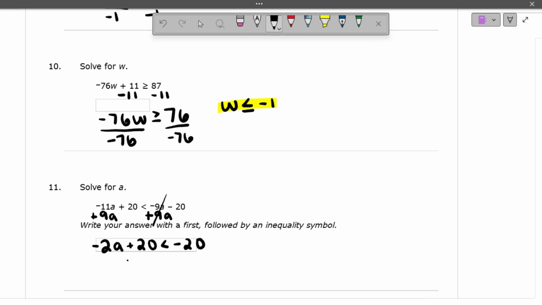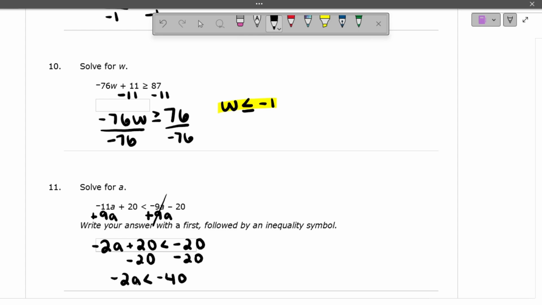All right, and then let's get our constants just on one side. So we have a negative 2a is less than negative 40. And notice we don't flip our inequality sign when we subtract anything, because it's just when we multiply or divide by a negative. So just because we're subtracting here doesn't mean we change the sign.